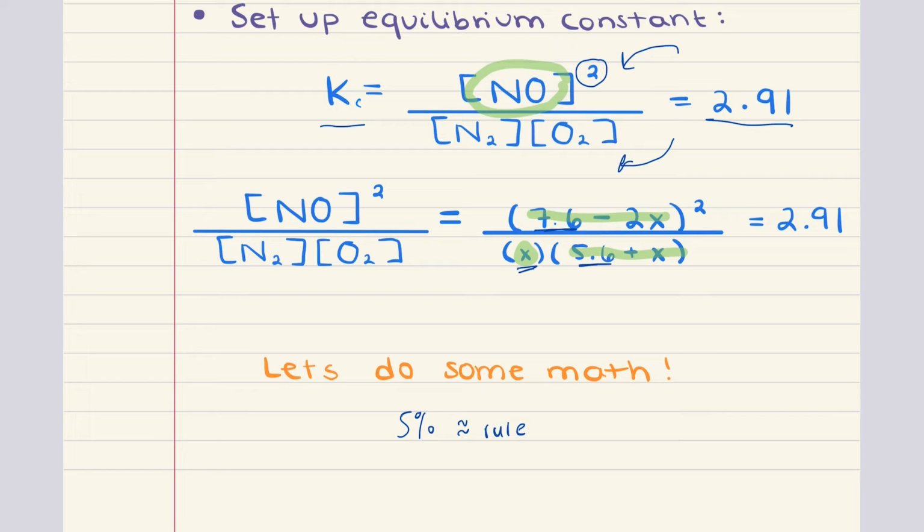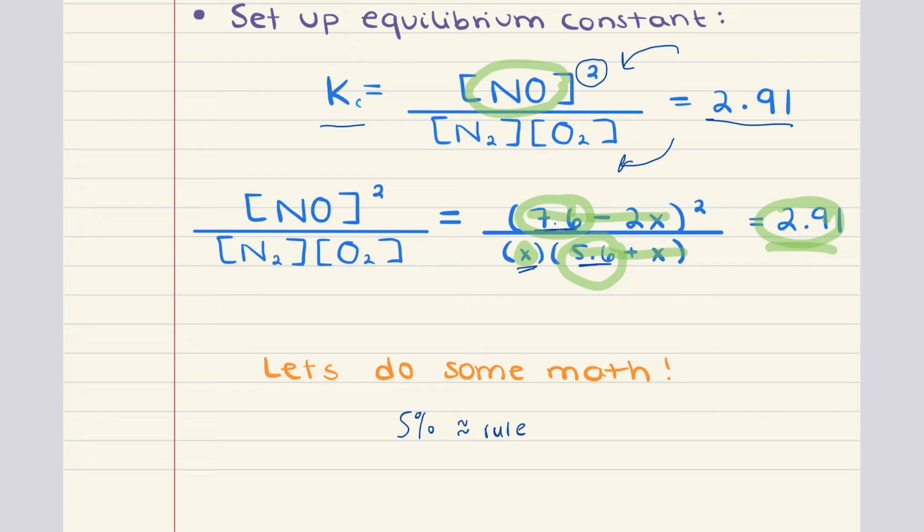However, in cases where K, our equilibrium constant, is of comparable magnitude to the initial concentrations, or when we don't have a huge excess of reactants, we have to solve the problem without this assumption. Now, looking at the value of K that we have and our concentrations, the values are pretty similar. So for this problem, we cannot make this assumption.